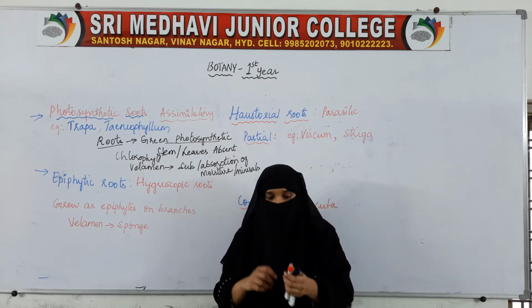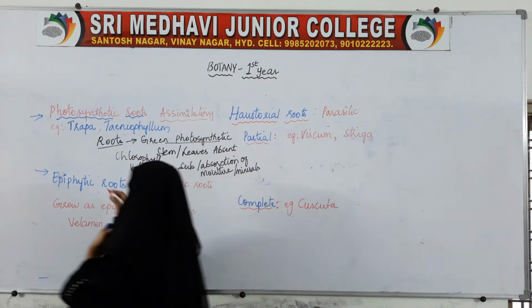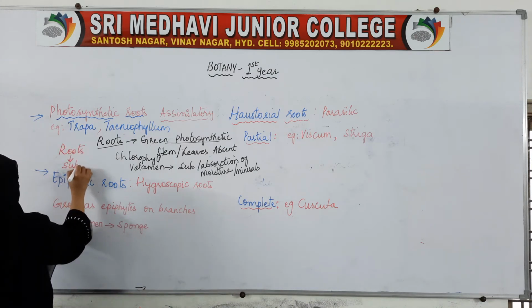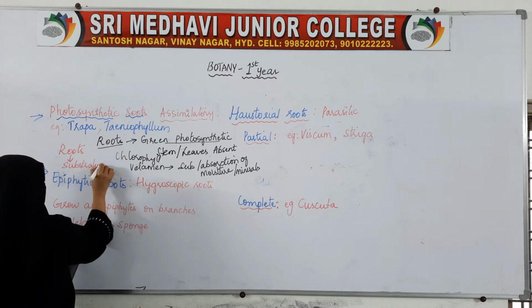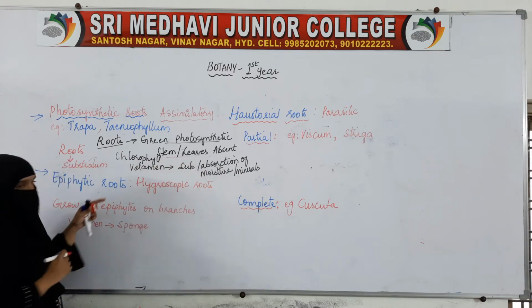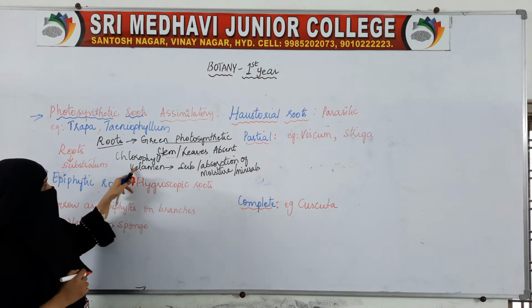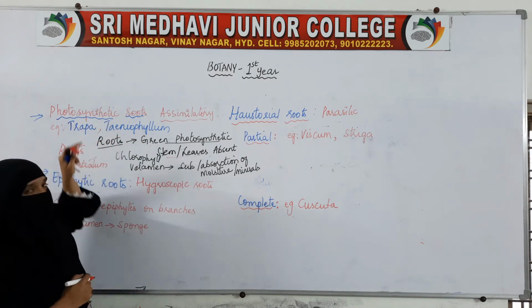The roots are attached to the substratum. No stem, no leaves. The roots have chlorophyll and velamen, with the help of which they perform photosynthesis.